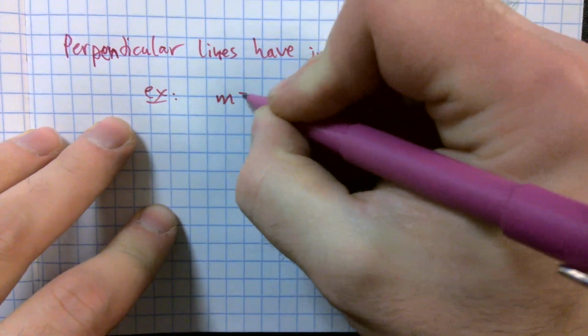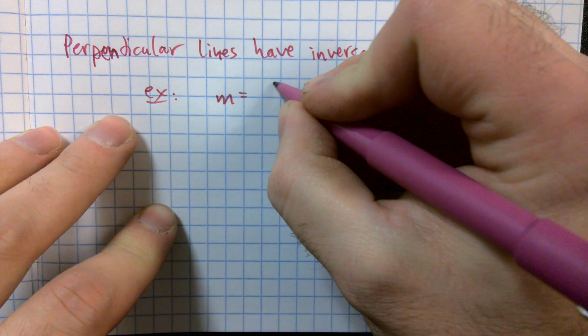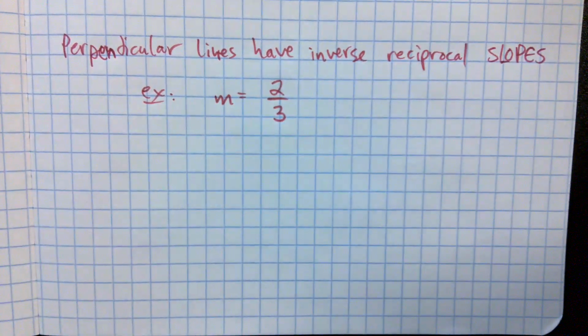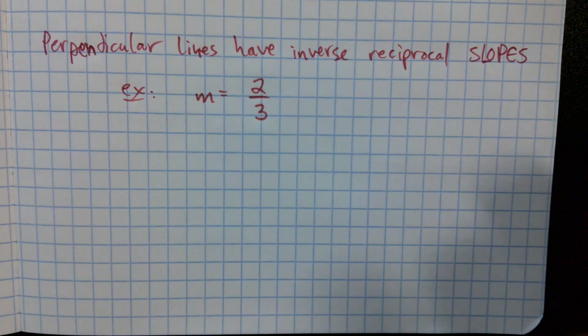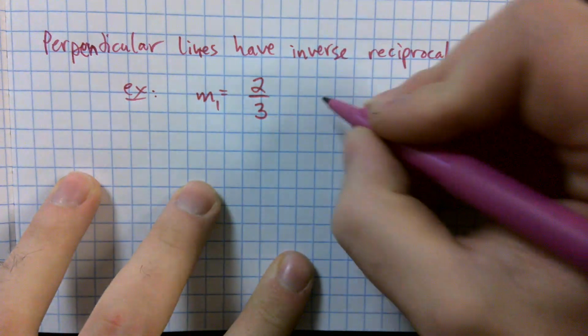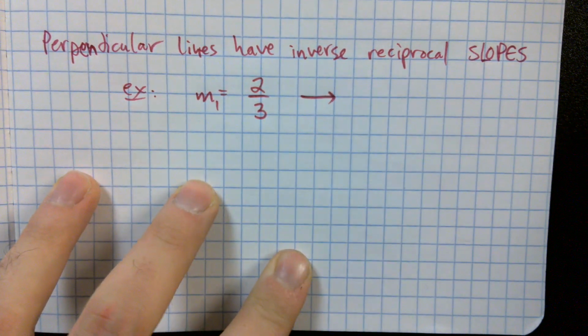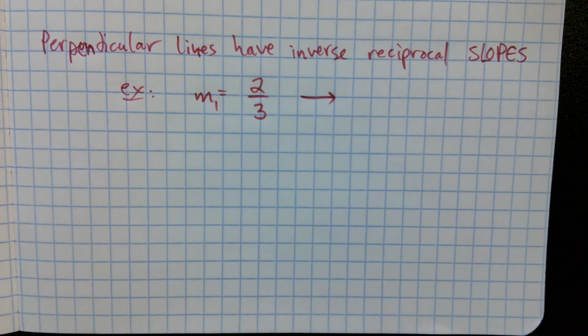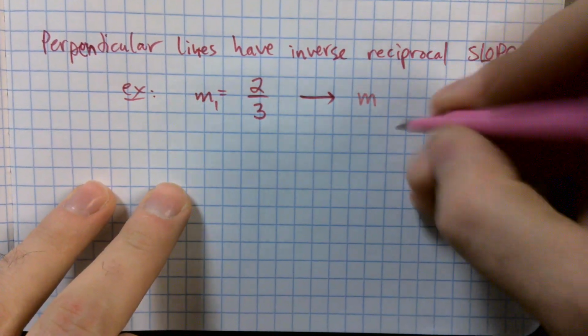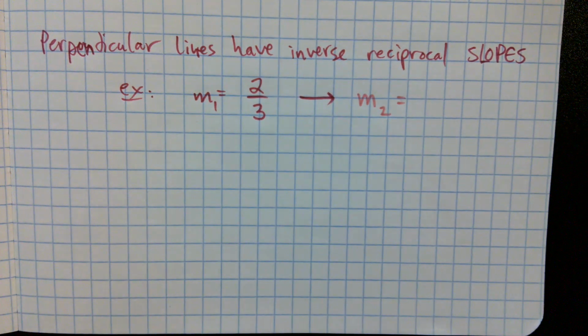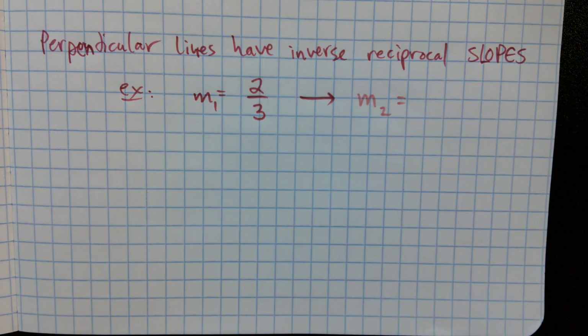If I had m is equal to 2 over 3, let's say m1, a perpendicular slope to that would be, any ideas?